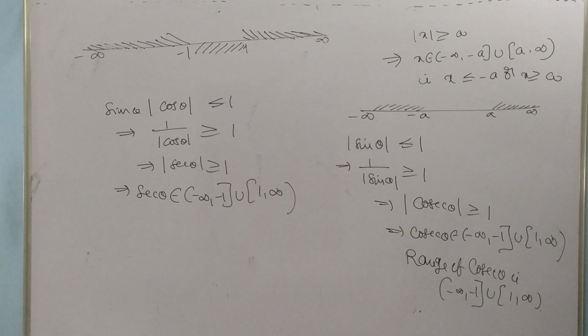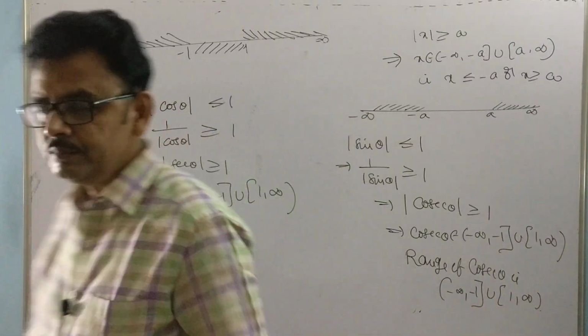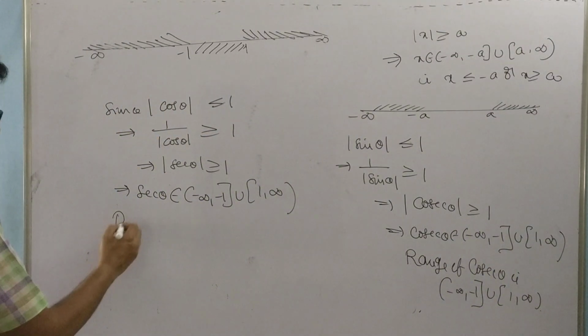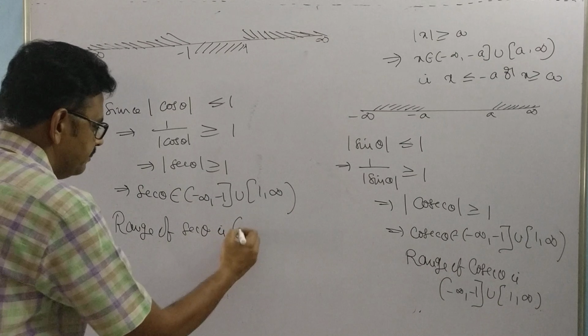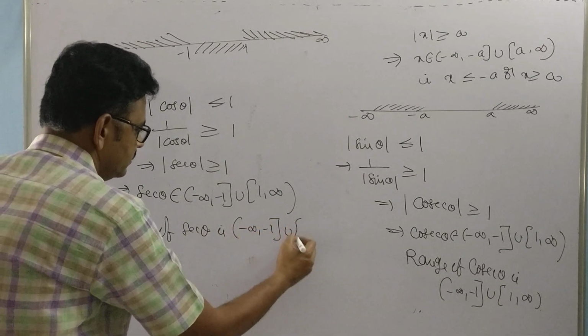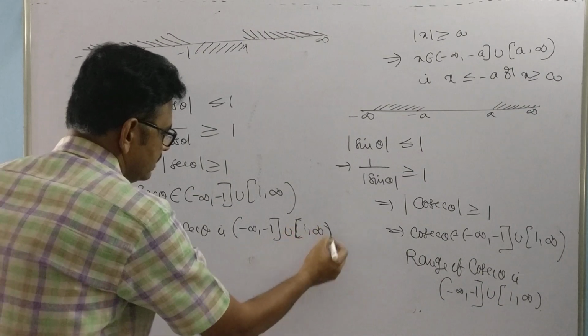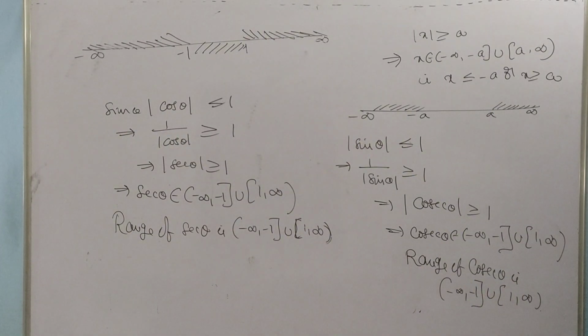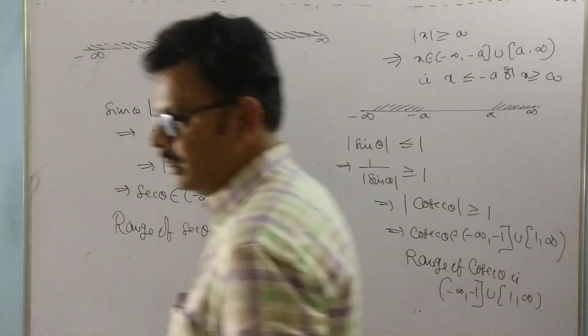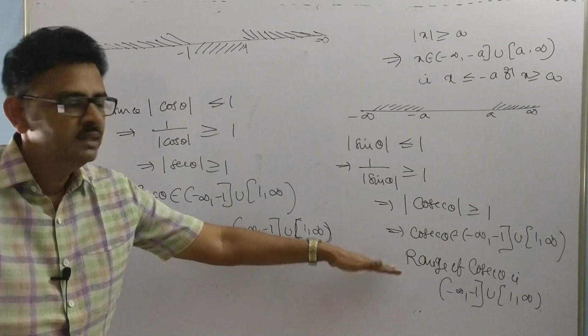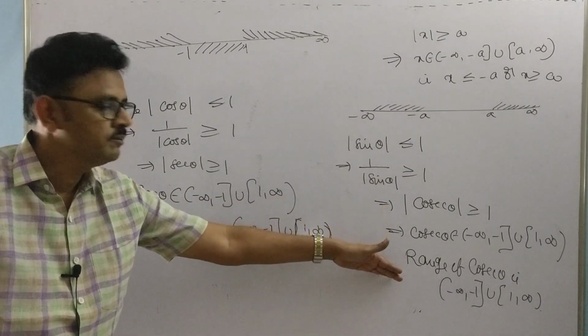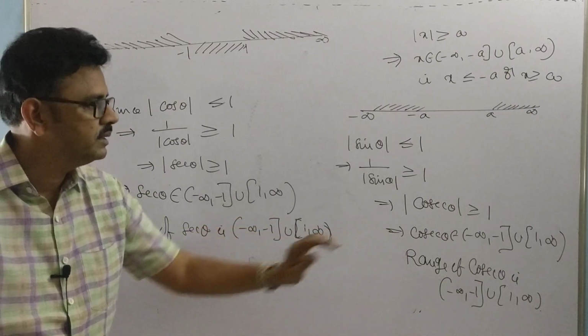Therefore, the range of secant theta is minus infinity comma minus 1 union 1 comma infinity, closed intervals. These are most important points while solving problems in trigonometry, and sometimes also in algebra, calculus and coordinate geometry.